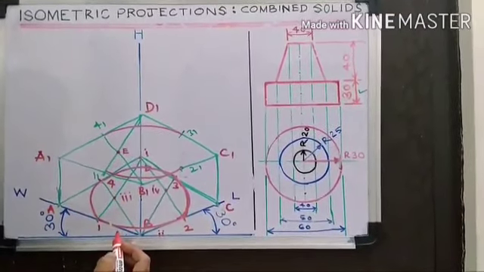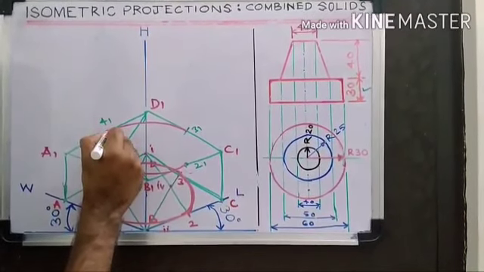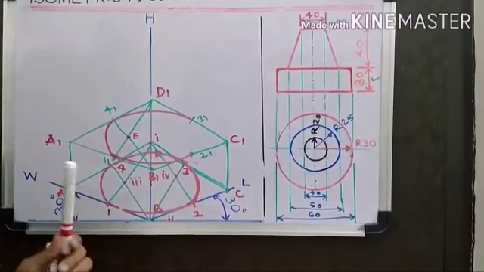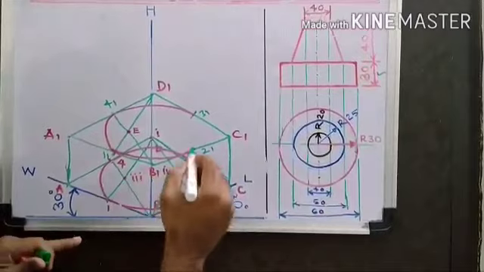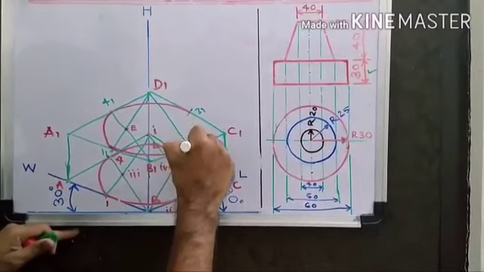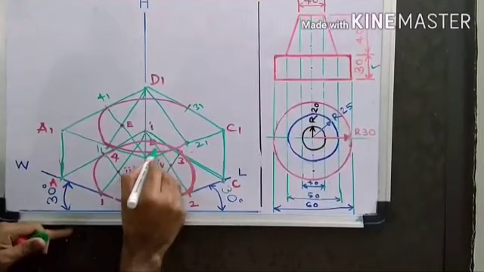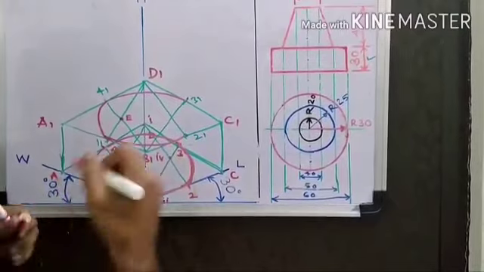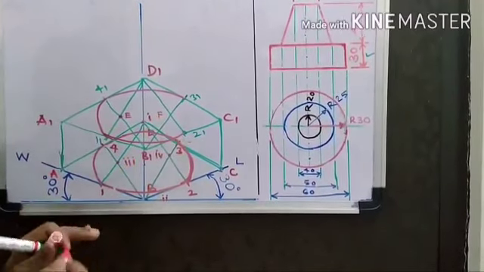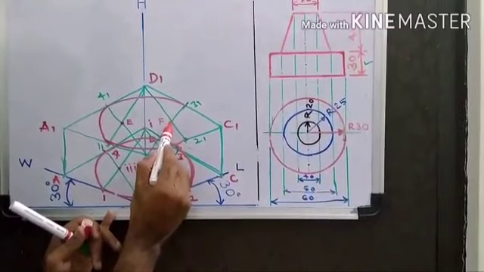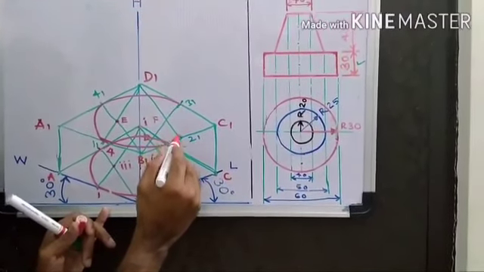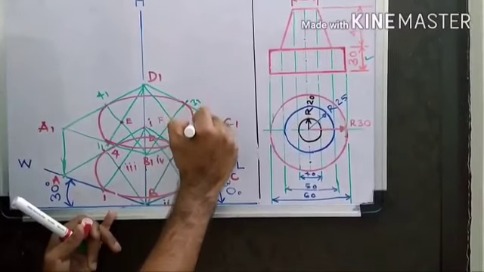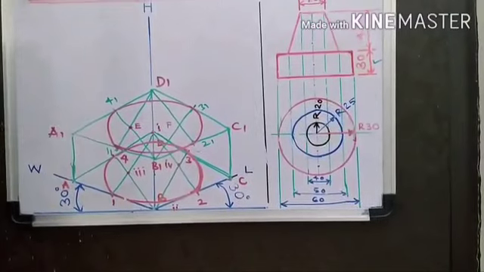By using a compass, draw an arc between the points. Similarly, here the lines are not drawn. Now I am drawing D1 to 2 suffix 1, B1 to 3 suffix 1. This is going to be another center, naming it F. F is the center, F to 3 suffix 1 is the radius. By using a compass, draw an arc between 3 suffix 1 and 2 suffix 1. You will get another ellipse.